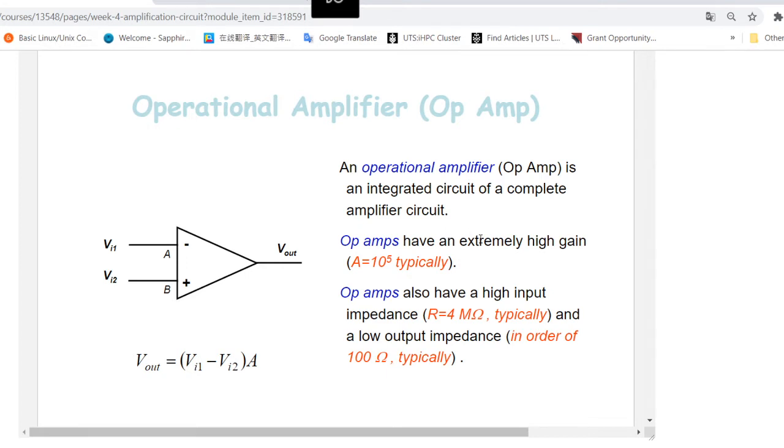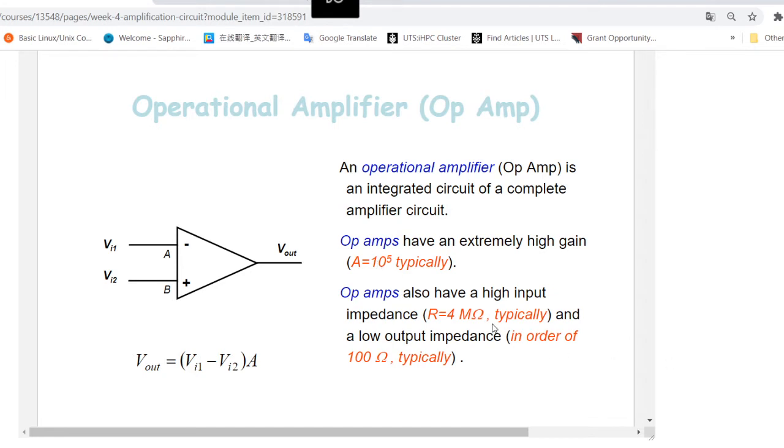But as I told you, the normal operational amplifier you cannot directly use, because its gain is very big. The gain is normally 10 to the power 5. If you have a signal to amplify with such a super high gain, it will go out of range.